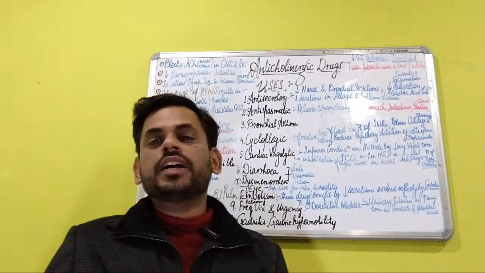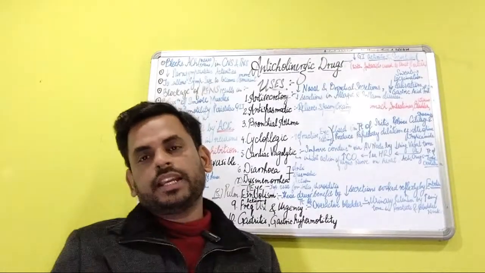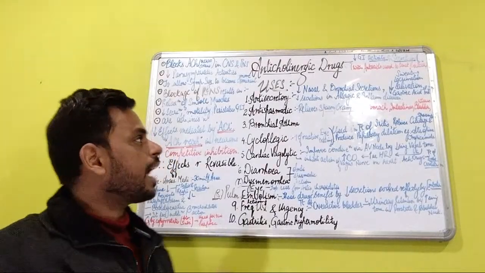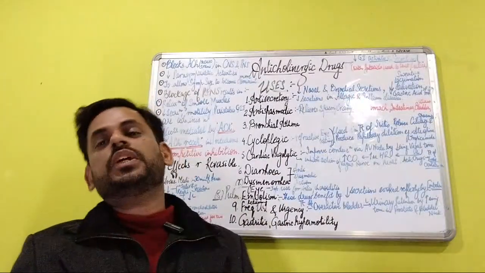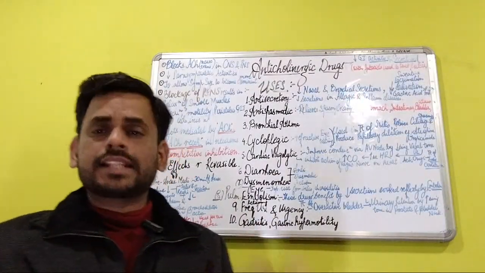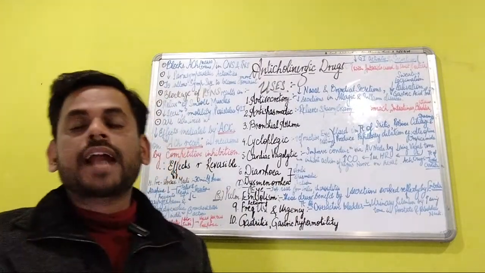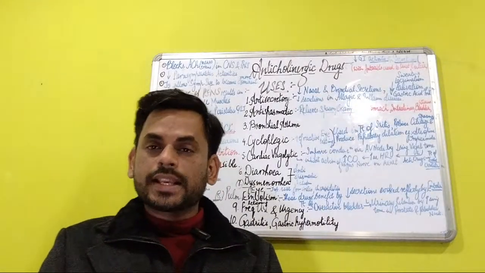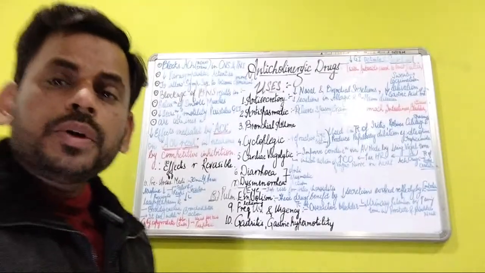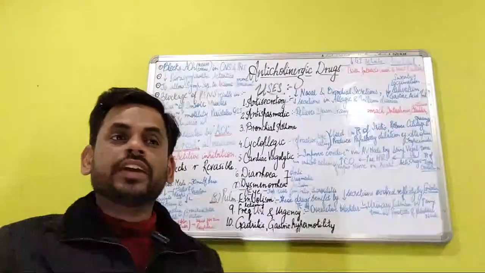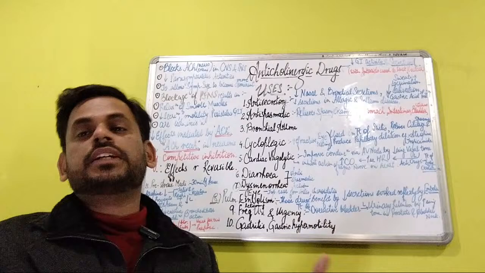anticholinergic drugs. The word itself suggests that these drugs have an action that is anti to the cholinergic, that is the acetylcholine. So these anticholinergic drugs exert their effect by behaving in an antagonistic way to the neurotransmitter acetylcholine.